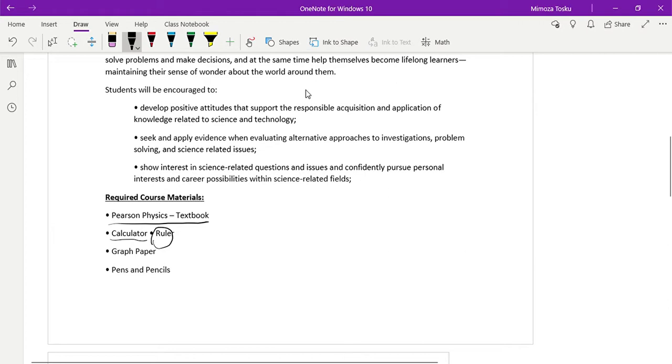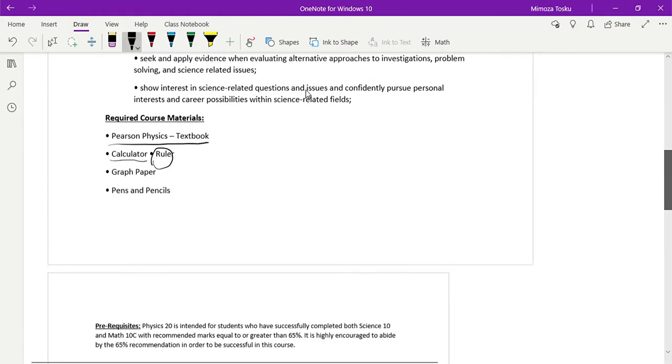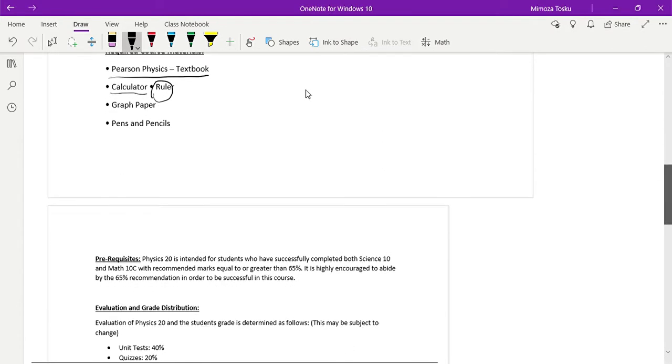We will do this online, but still there will be some assignments that through the course of the quarter I will ask you to show your work and to either take a picture or a video and then hand it in to me, because that will be how this will be evaluated.